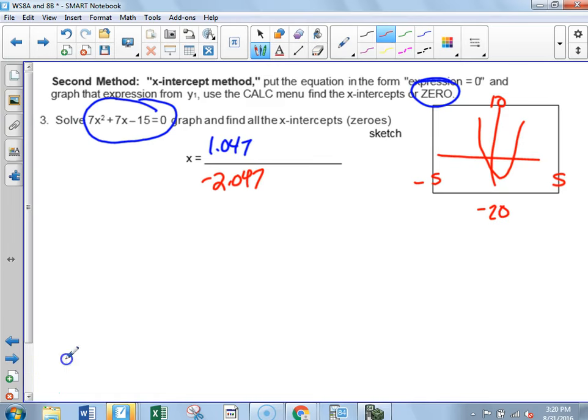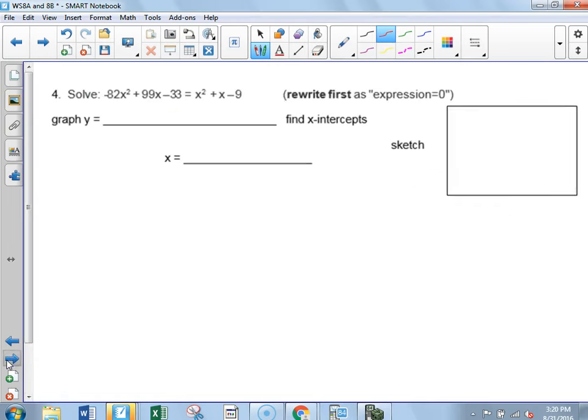All right. I would like to run a trial. You ready? I would like half of us to use each method on this question. One method would be to type this in Y1 and this in Y2. What is the other method, though?